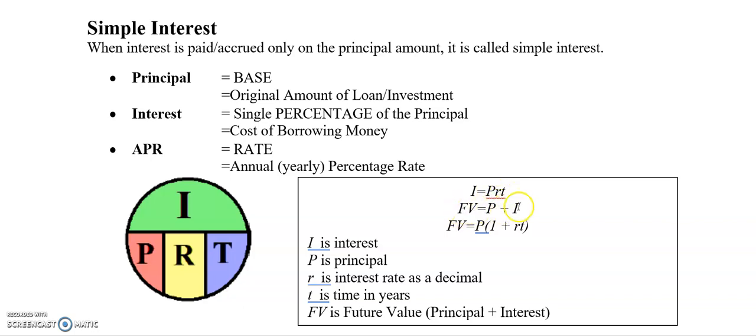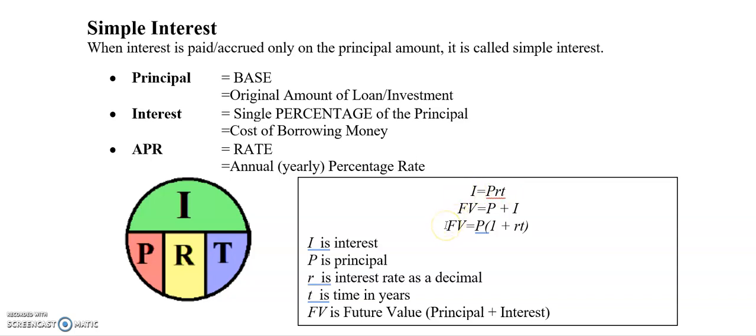And you'll notice that we have a few different options for formulas here, and that's because sometimes we're only interested in the interest itself. We don't care about the future value. And in that case, we're always going to use this top formula, where we can calculate interest as just principal times rate times time.